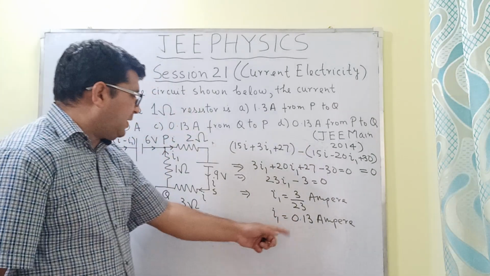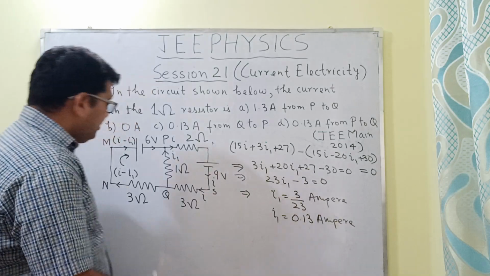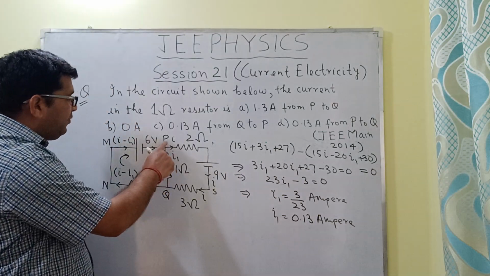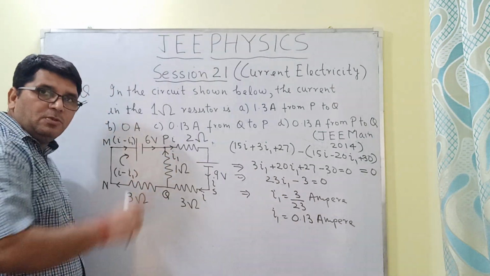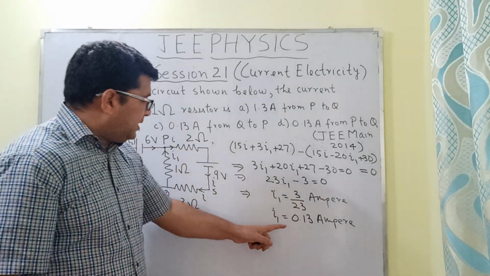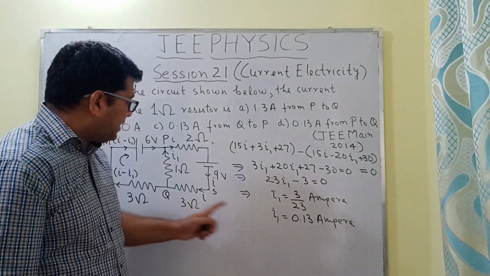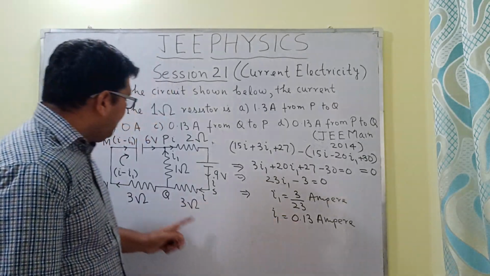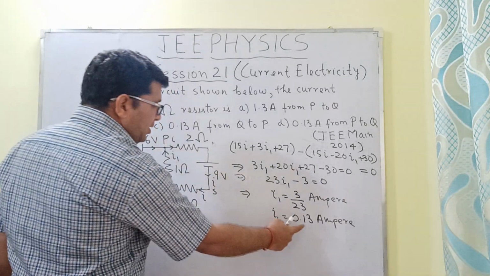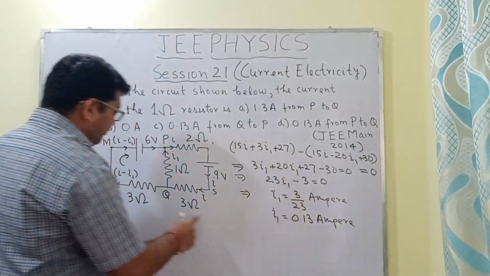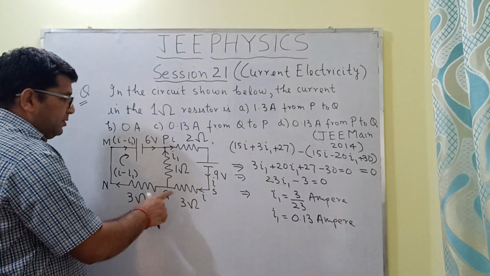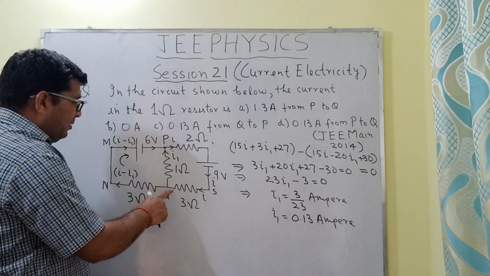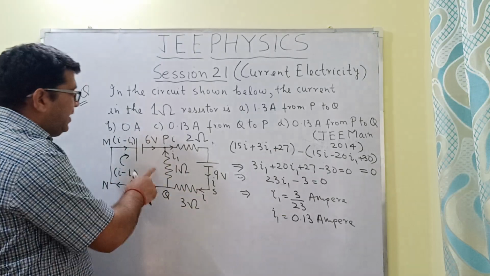If the value of this current was negative, then the direction of current would have been from P to Q. So in this case, the value of the current through this 1 ohm resistor is equal to 0.13 ampere, and since its value is positive, the direction of the current will be the same as we have taken in this loop.